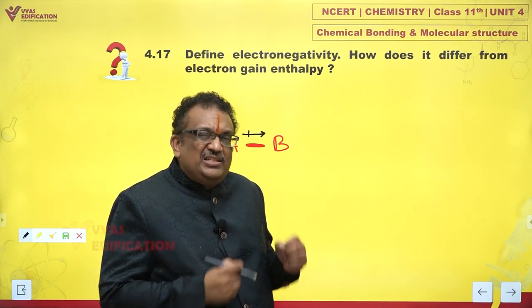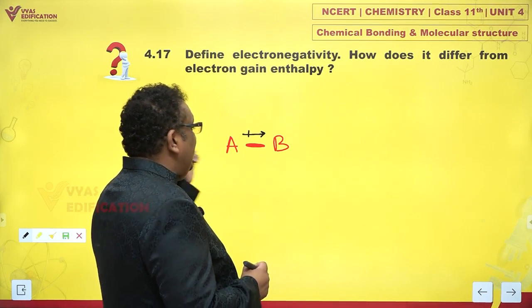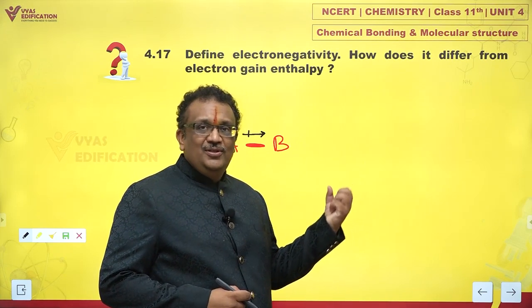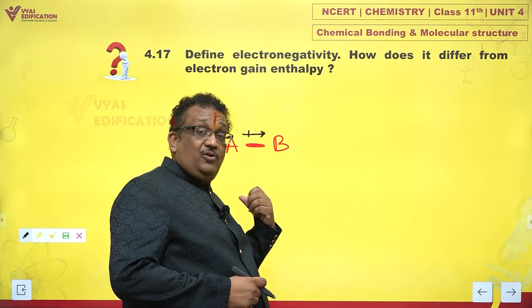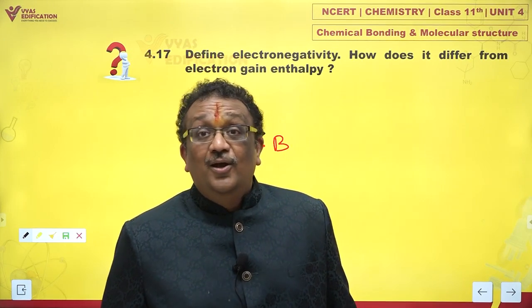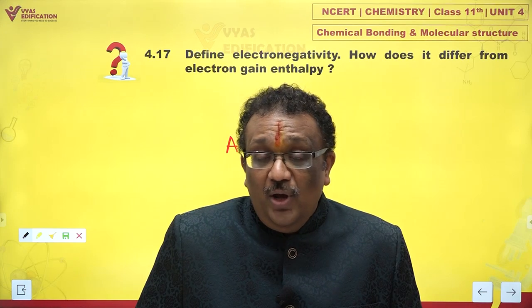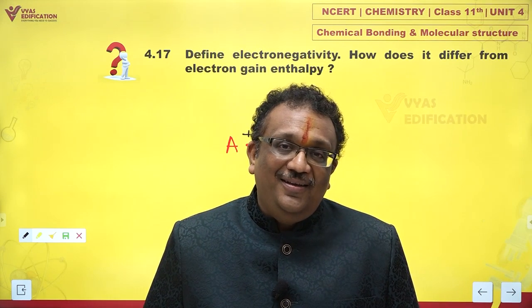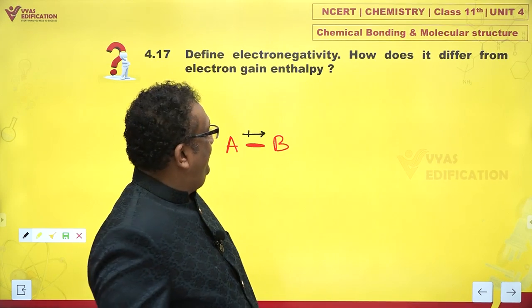So B acquires a very slightly negative charge, A acquires a very slightly positive charge. Why? Because B has gained electrons, it gets negative, A has lost electrons, it gets positive. And this tendency of B to attract more electrons as compared to A is called the electronegativity of B with reference to A.